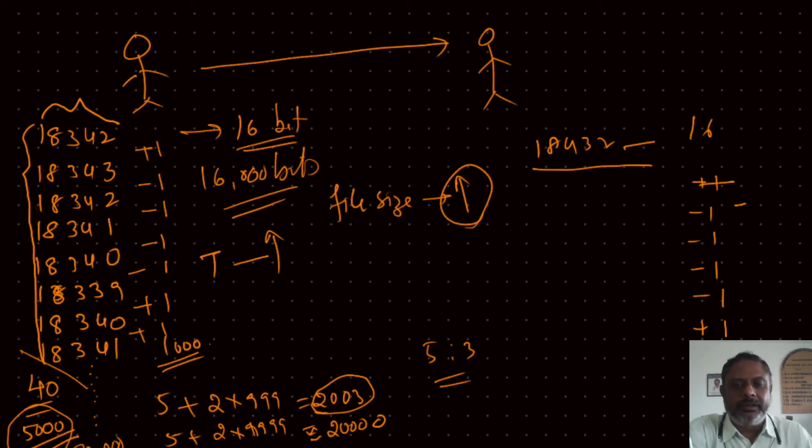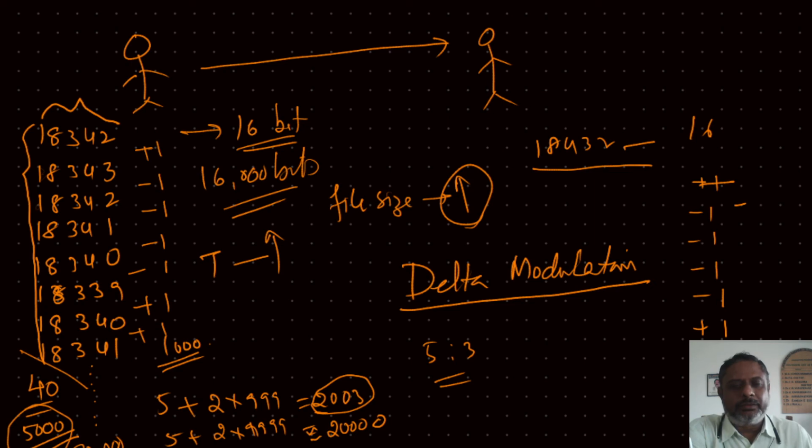So this is going to save a lot, and this type of modulation, this type of communication system, is what we call delta modulation. Because we are only looking at the delta, delta means change. So you just find out the change, and only the change you transmit.